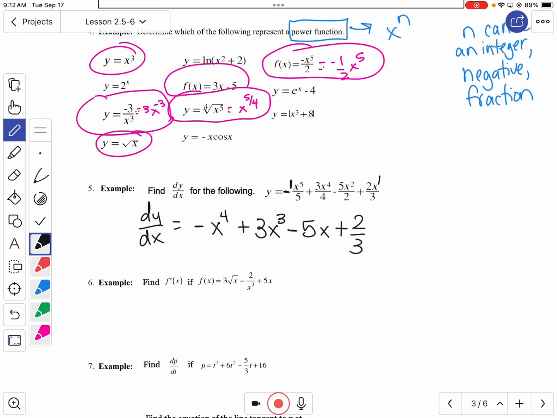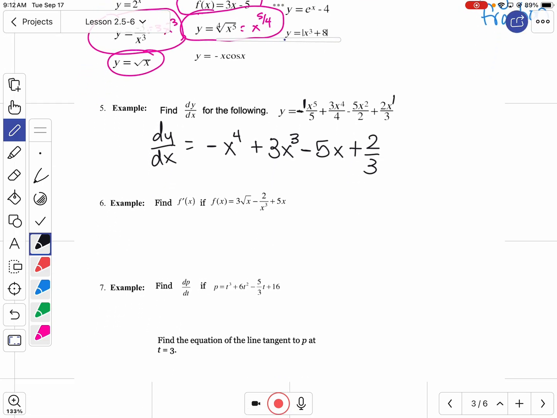Okay? What do you think? Let's look at this one. Before I do this one, there are some things I'm going to fix because right now it doesn't look very friendly. It doesn't look like x to a power, x to a power, x to a power. But can we rewrite that square root? Can I rewrite that over x to the third?